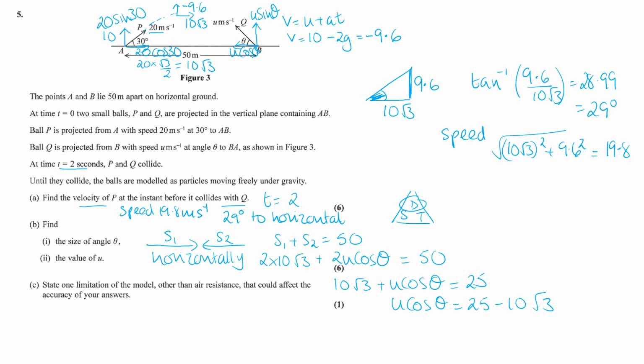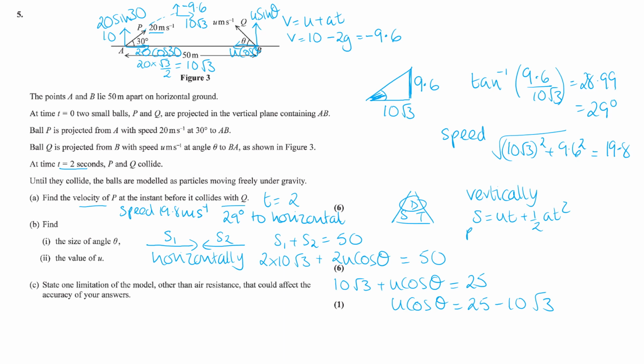So now let's have a look at vertically. Now vertically, because we've got our constant acceleration, we can use our SUVATs. So s is equal to ut plus half at squared.